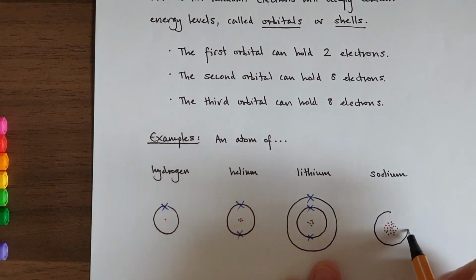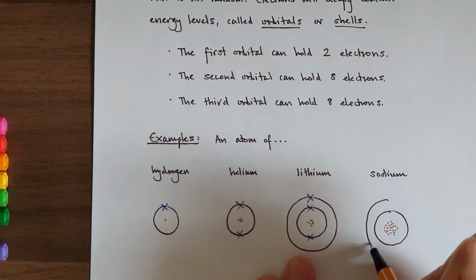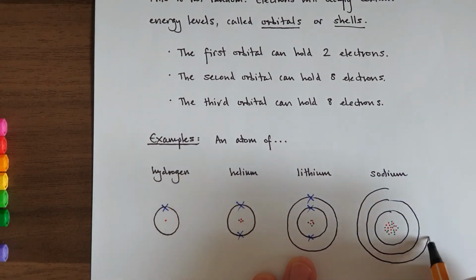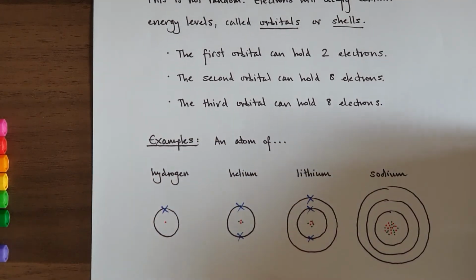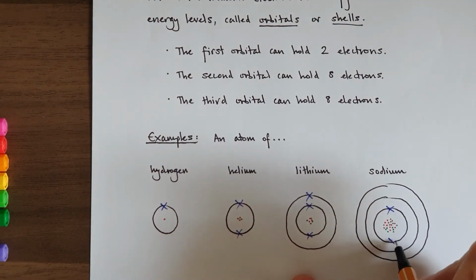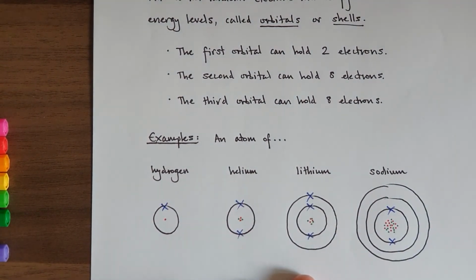So we're going to have 1, 2, 3 orbitals. And I'm going to start populating them. First orbital can house 2 electrons.